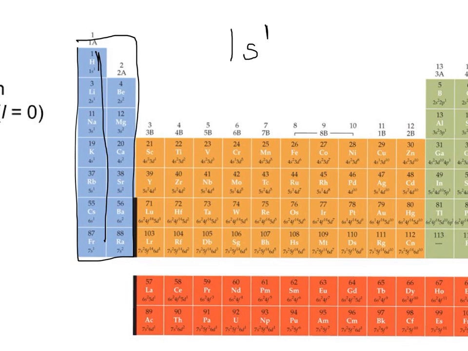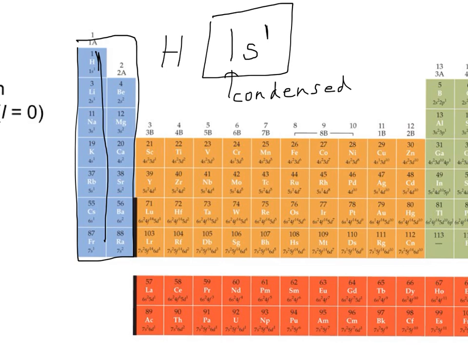Now, we would write hydrogen's configuration just like I have here. This is known as a condensed electron configuration for hydrogen.